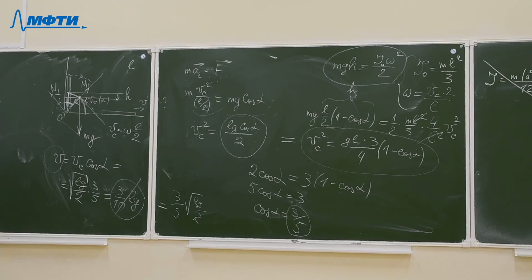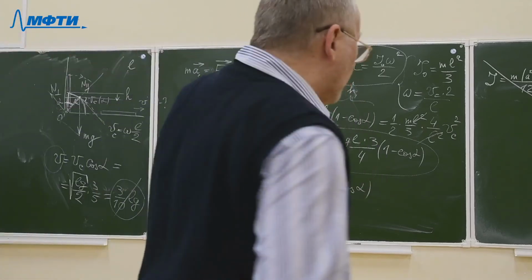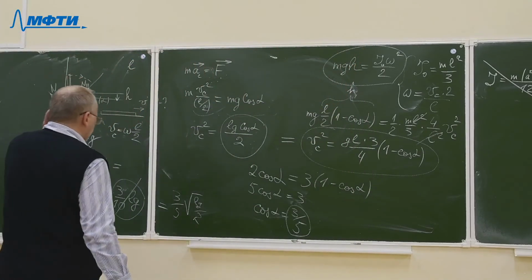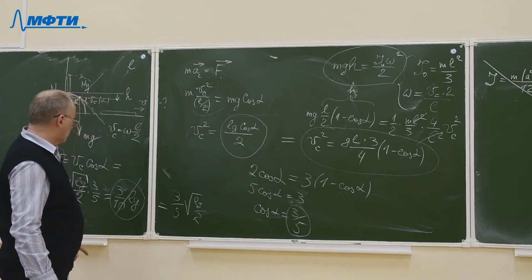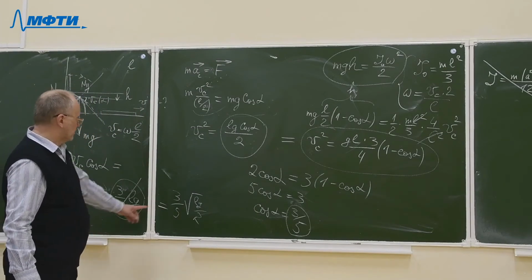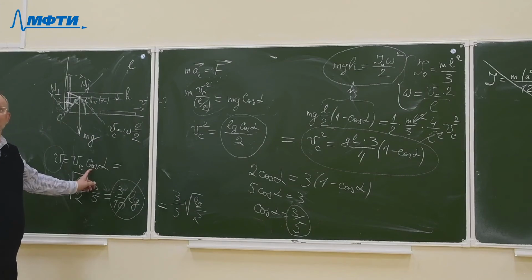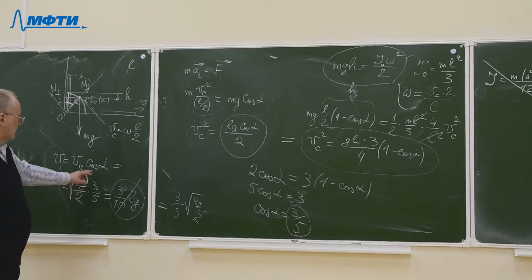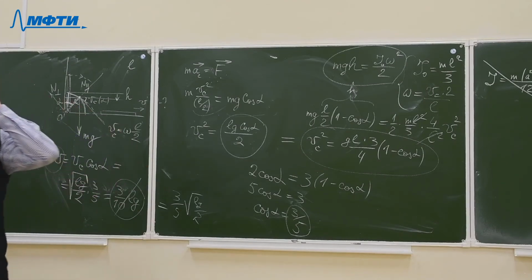Any questions? Sorry, 3 over 5 is cosine. Sorry, I don't hear you.